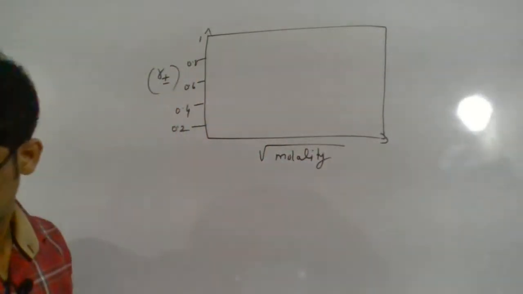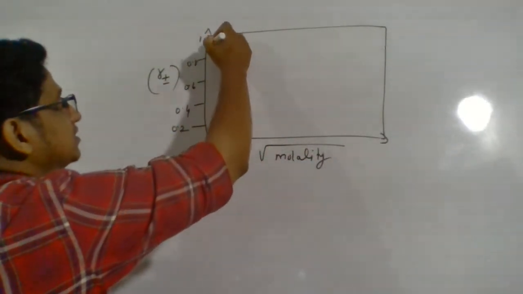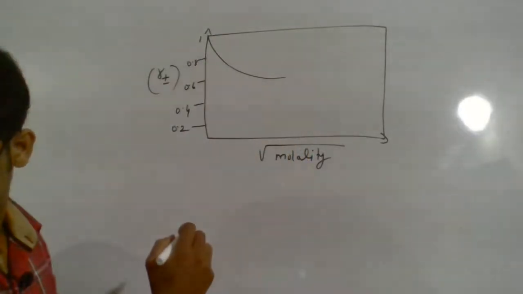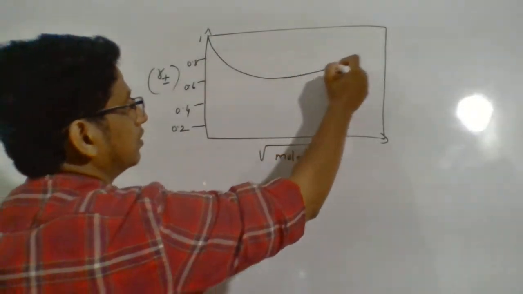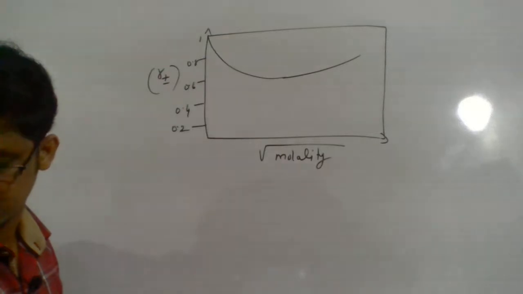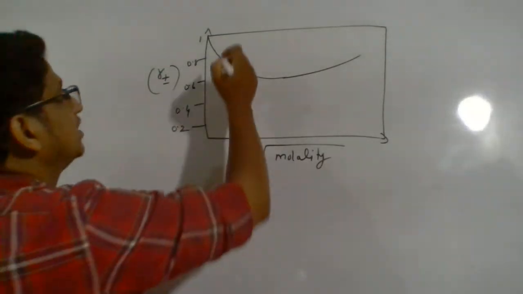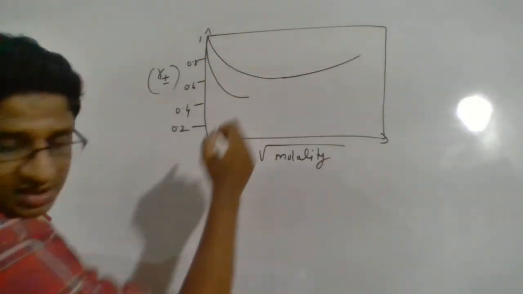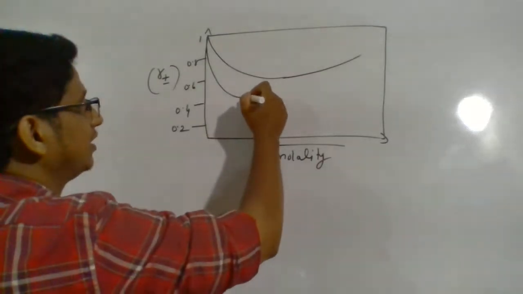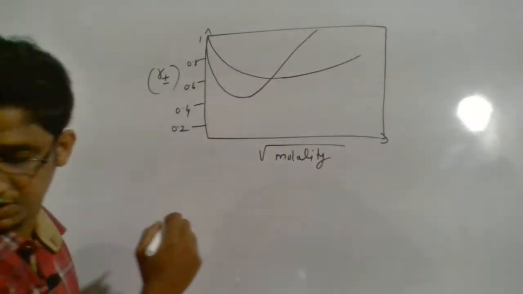Now you observe different behavior. For NaCl it is just like this, and for CaCl2 it's different: it decreases, reaches a minimum value, then there is an increase.